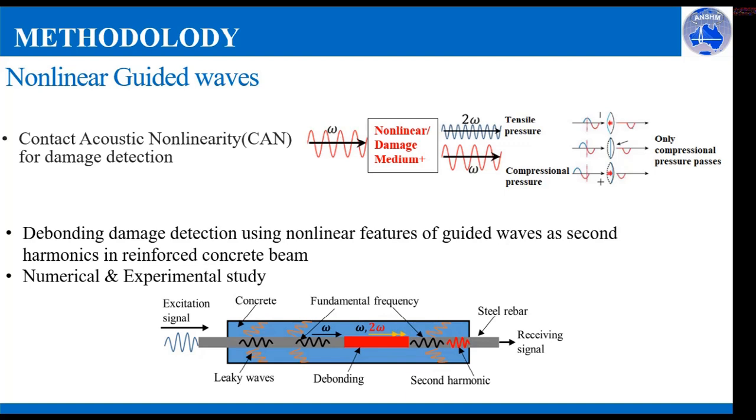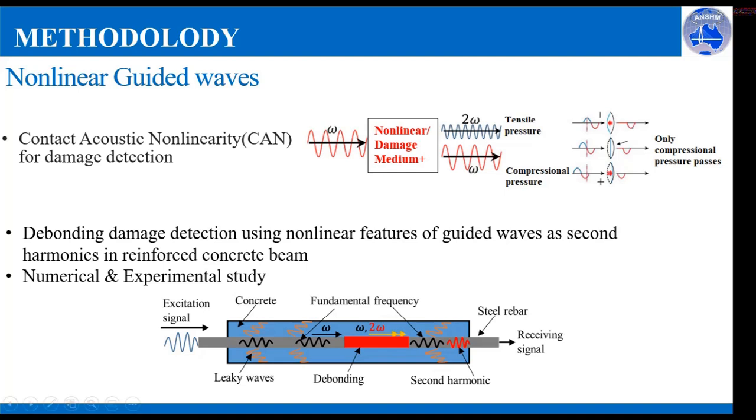So for damage detection in reinforced concrete structures, a numerical and experimental study will be discussed to detect damage using this methodology. So as an overview, when the wave is excited at the bare end of the rebar and it travels into the embedded rebar, various guided wave modes are generated, and when it travels to the debonded region, it interacts with the debonding, and due to the contact effect, second harmonics are generated.